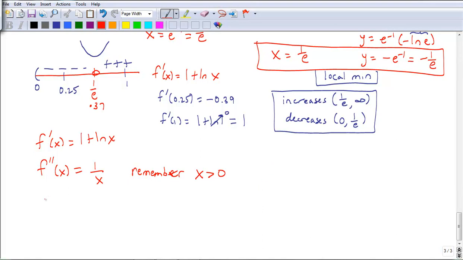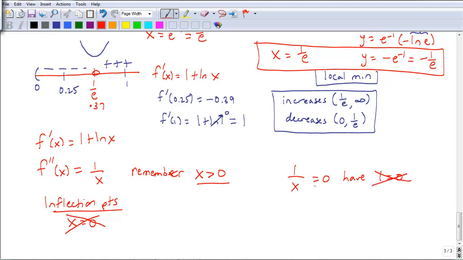So to figure out where the inflection points are, well, there's one at x equals 0 because it's undefined at x equals 0. But notice I can't even use x equals 0 because I can only be bigger than 0. And if I try to set this thing equal to 0 and I multiply both sides by x, we have 1 equals 0, which doesn't give us any solutions. 0 times x is just 0. So there are no inflection points.